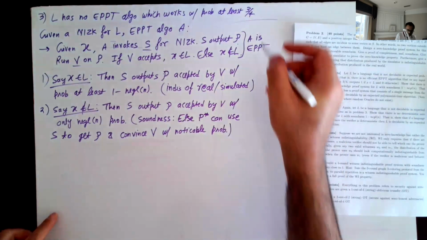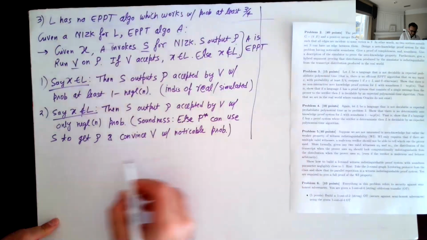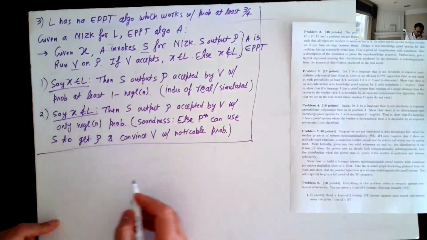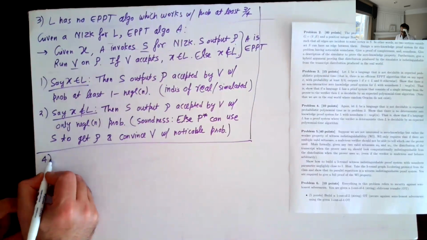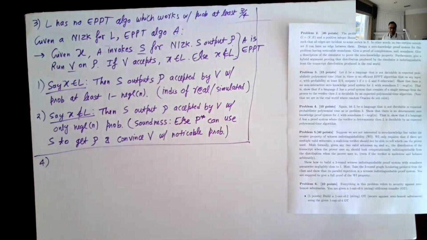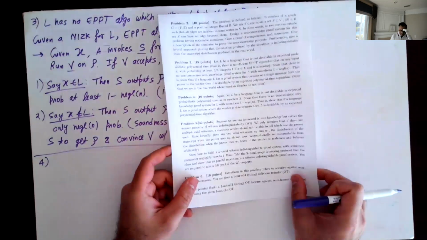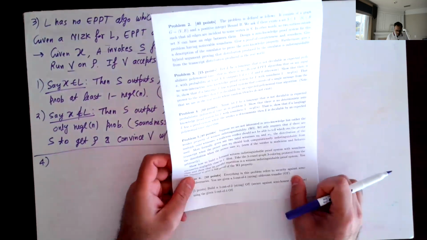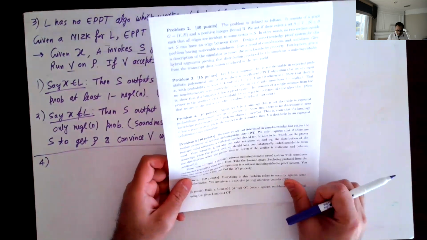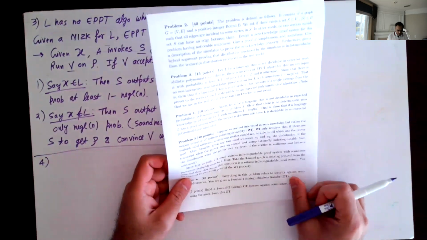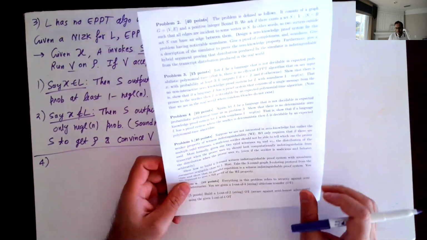Any other questions about 3? So once you have solved 3, then 4 is almost free. Now we are not asking for non-interactive or anything like that. We are asking for deterministic zero knowledge.